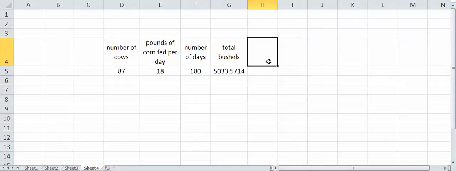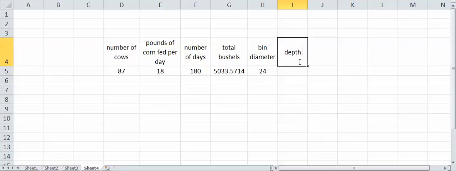So bin diameter, I know that is 24, and I know that the depth of the grain is 12.5 feet, and I know that pi is 3.14, so I'm just going to go ahead and leave that.